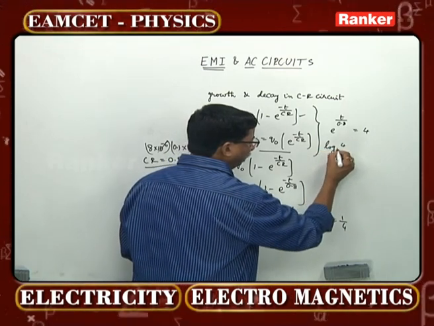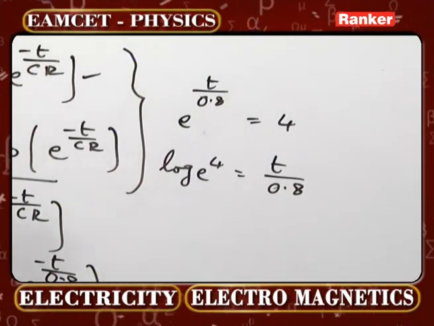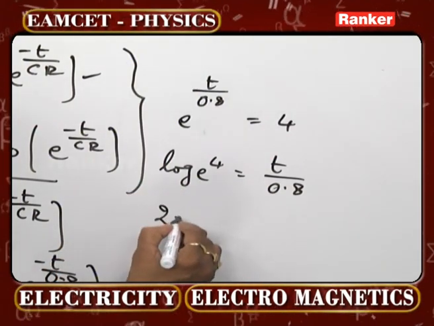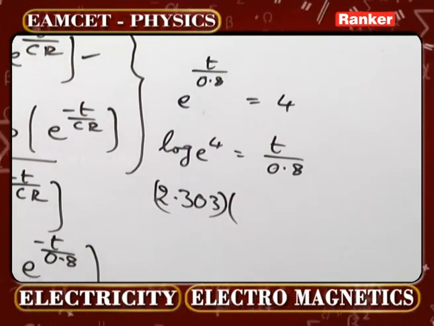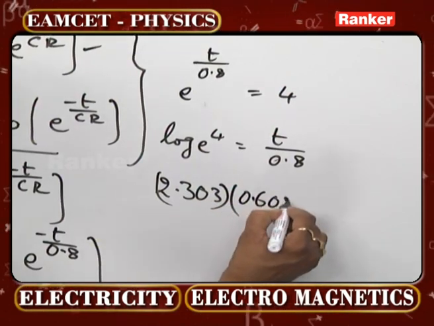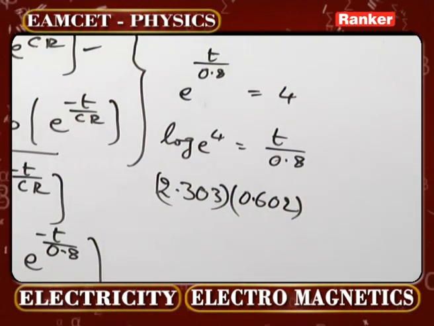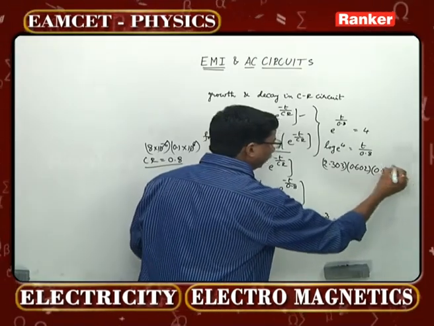Log 4 to the base e is equal to t by 0.8. What is log 4 to the base e? 2.303 into log 4 to the base 10. What is that value given? 0.602. He gave that value, 2.303 into 0.602 into 0.8 is equal to the value of t.